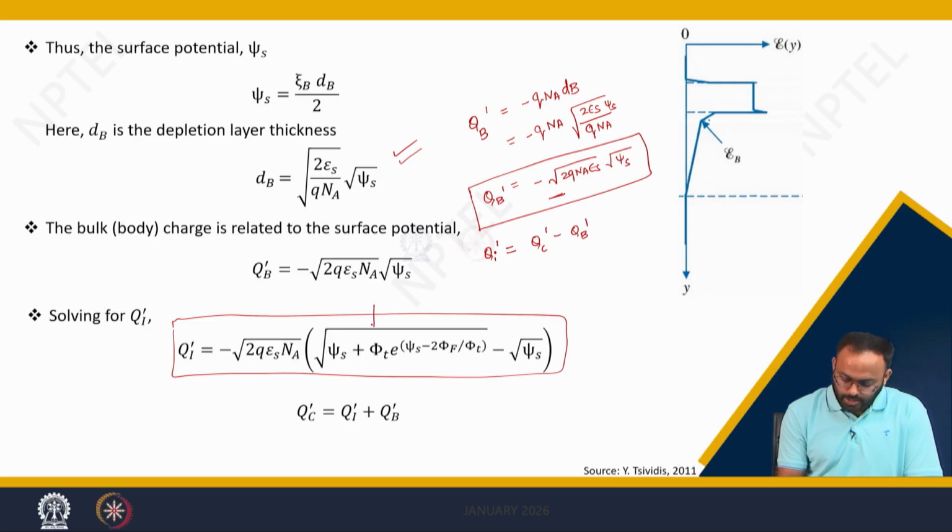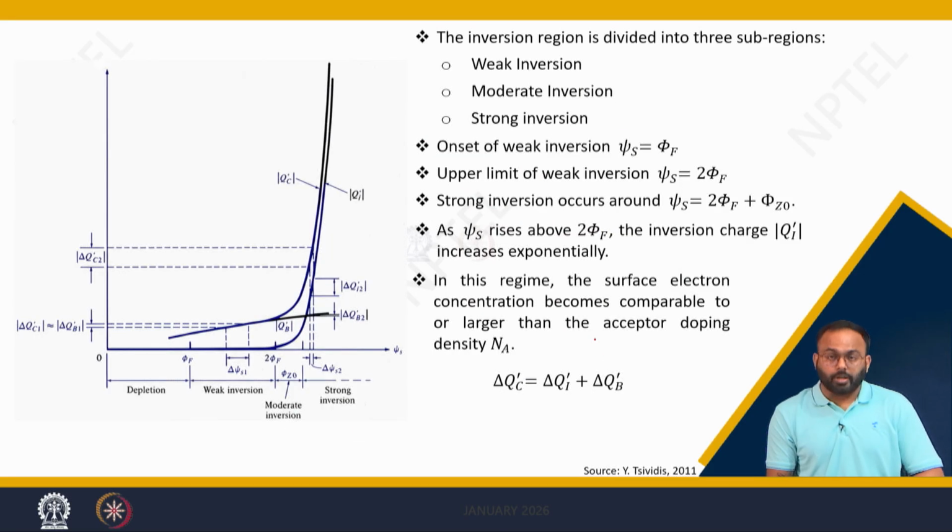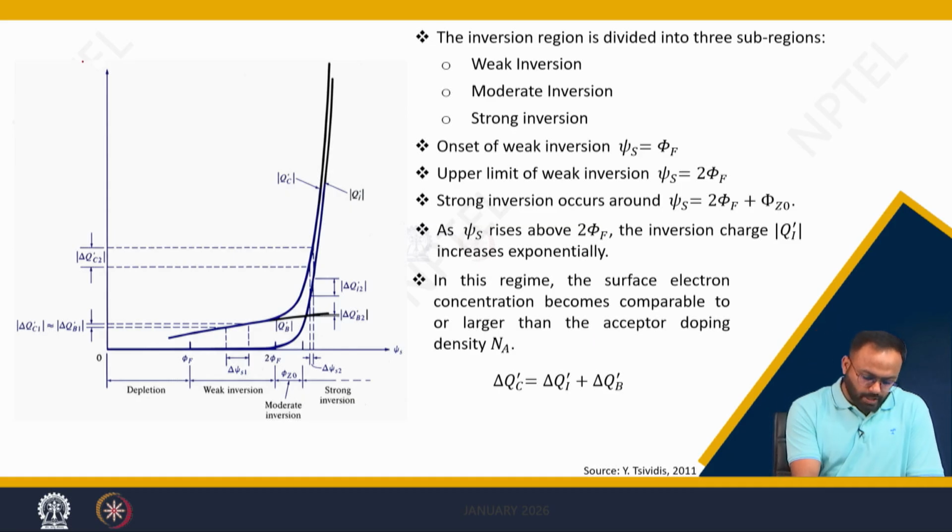This term was available in Q_c dash, and this term you have just subtracted. So, out of which you will get the total bulk charge and the inversion charge. This expression can be plotted here, which shows the total charge with respect to surface potential.